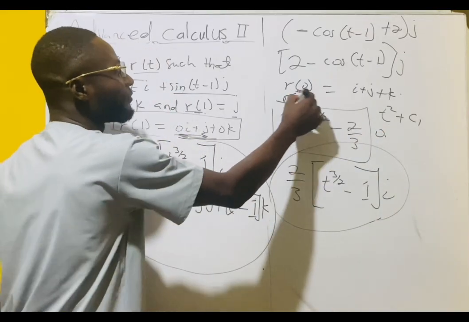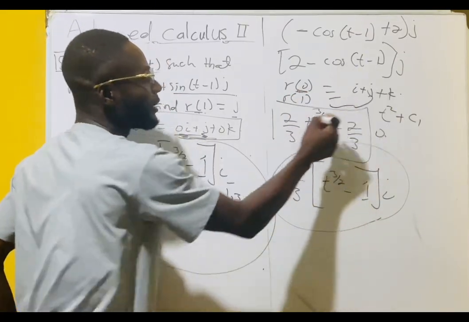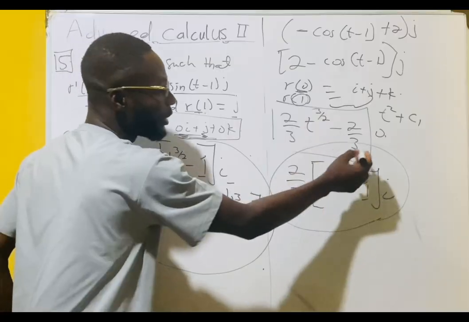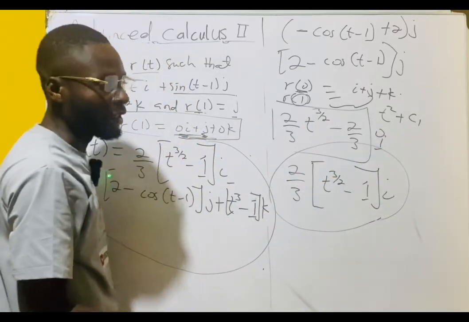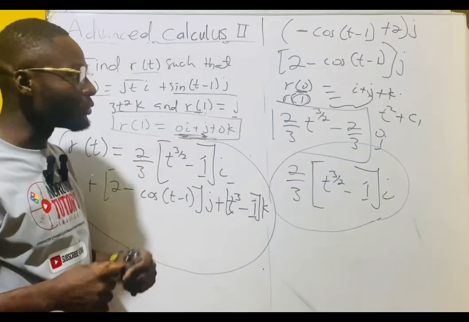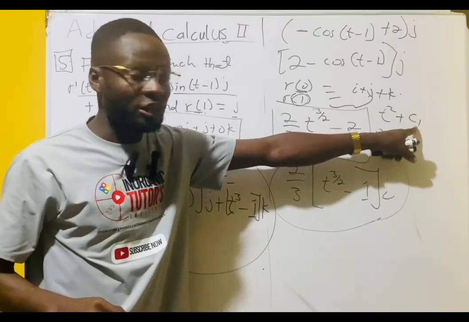But if you have r of 1 equals the same thing, that means that your t is now 1. Okay, so you do that substitution to find your c1.